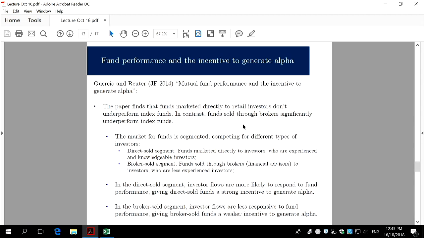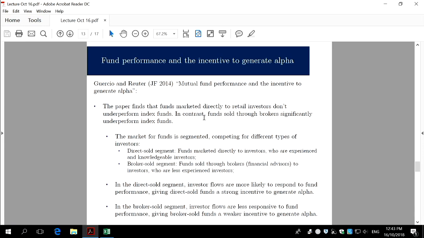And let's move on to another paper. Another interesting point about the performance of mutual funds is in this paper by Groucho and Reuter. They find that funds marketed directly to retail investors don't underperform index funds.